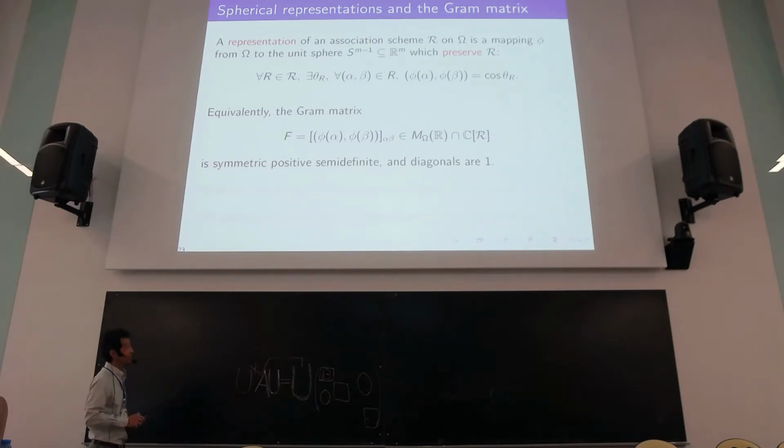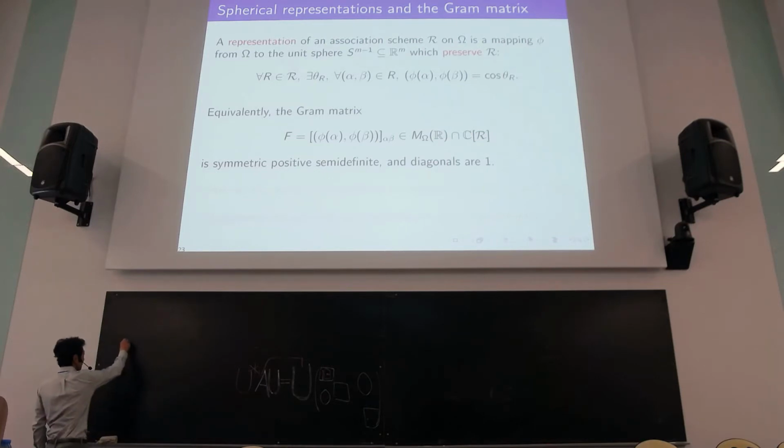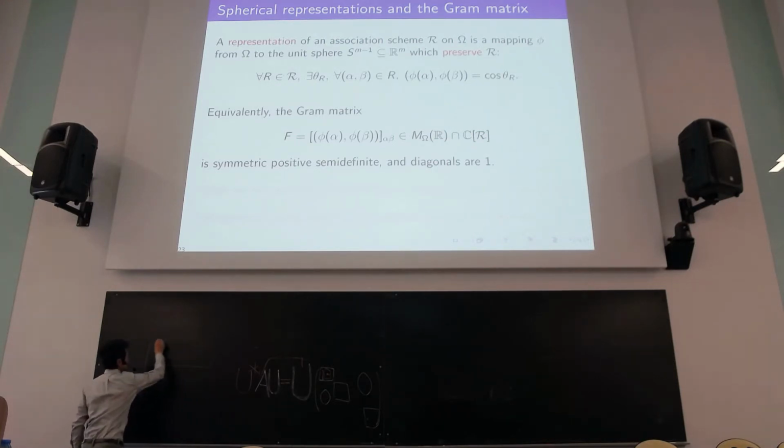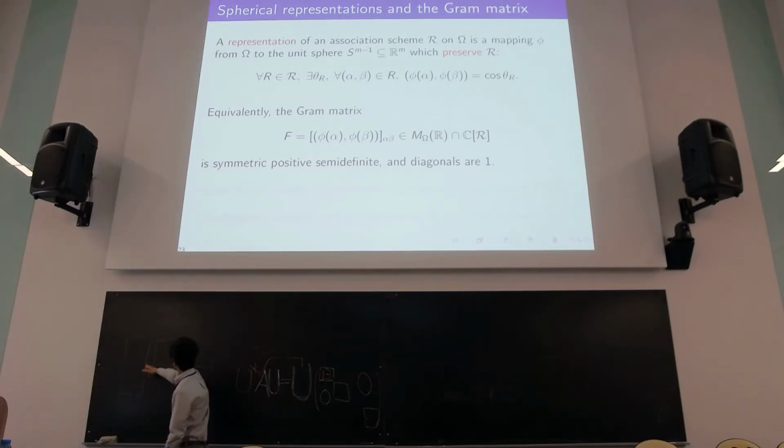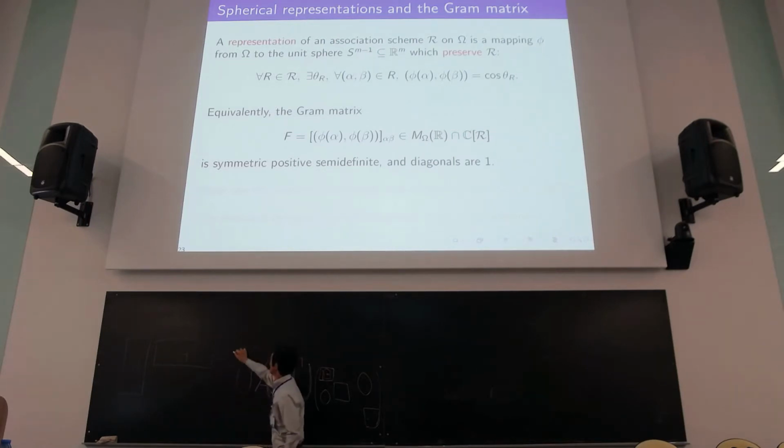You can express the matrix F as a rectangular matrix H times the transpose of H.